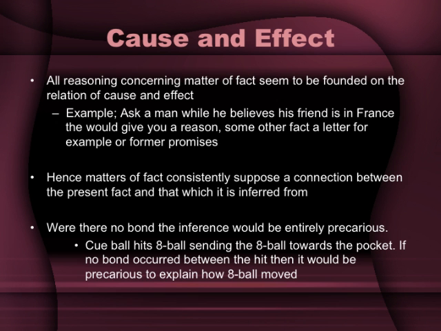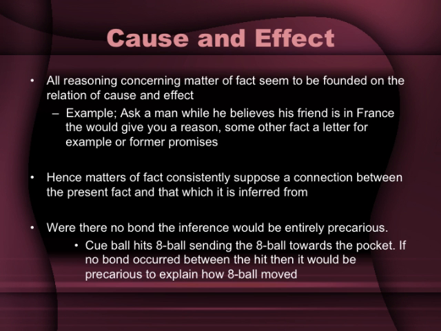And the billiard player that he is, and many philosophers are, he gives an example with a cue ball hitting an 8-ball. Now, you have one cue ball that hits an 8-ball, sends the 8-ball towards the pocket. If no bond occurred between the hit and the motion, it would be precarious to explain how the 8-ball moved.